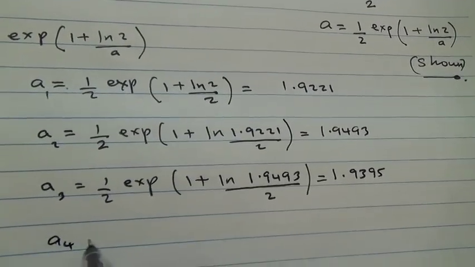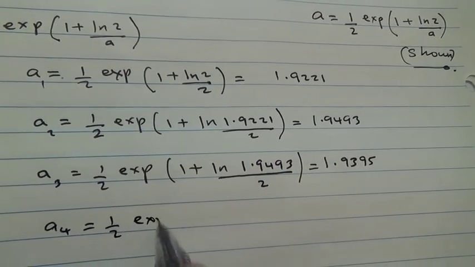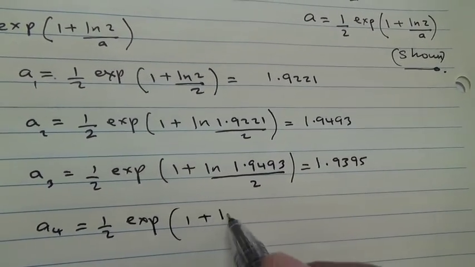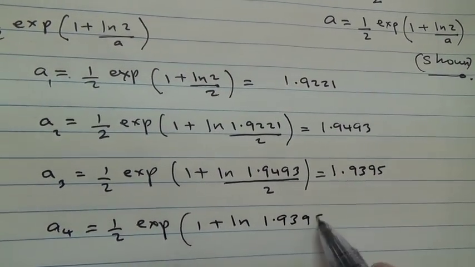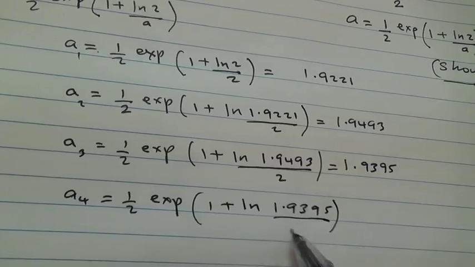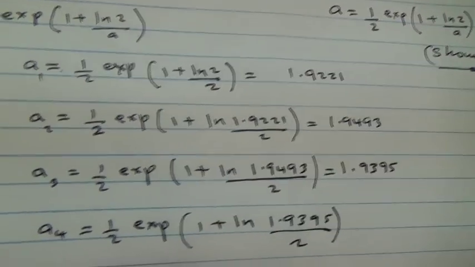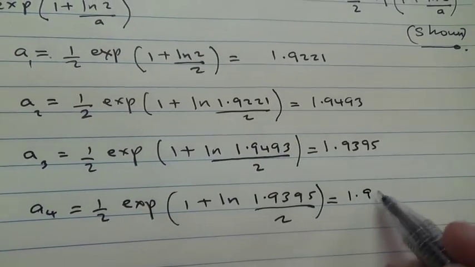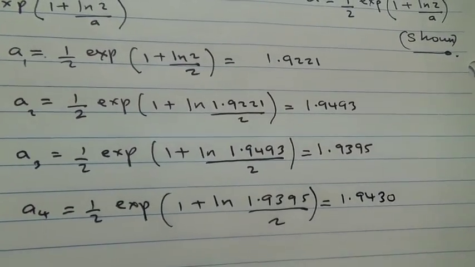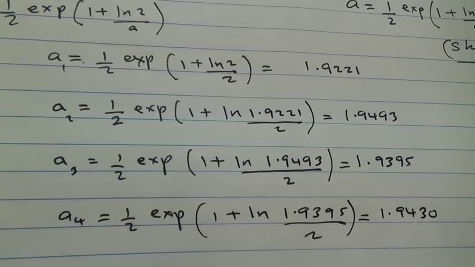The fourth iteration, half exponential of 1 plus ln 1.9395 divided by 2, and your calculator will give you 1.9430. Now what do we observe?